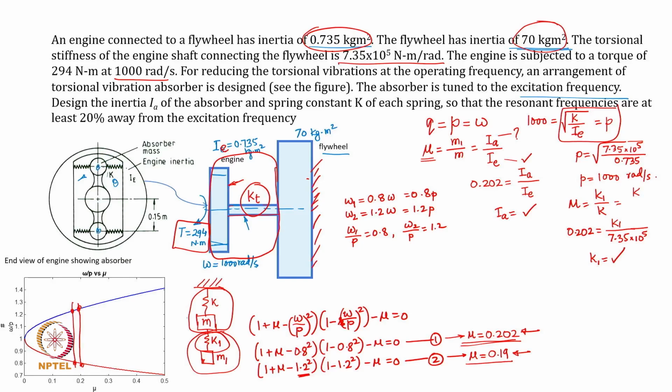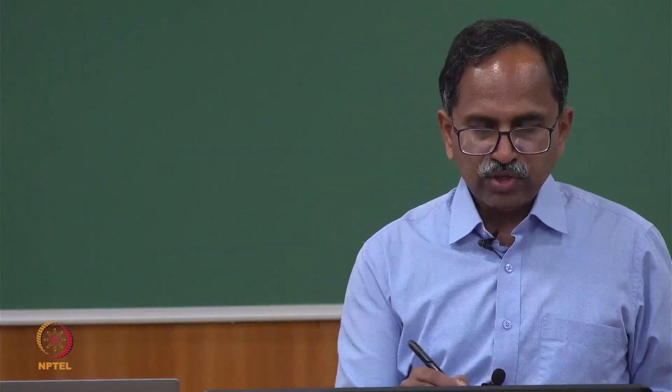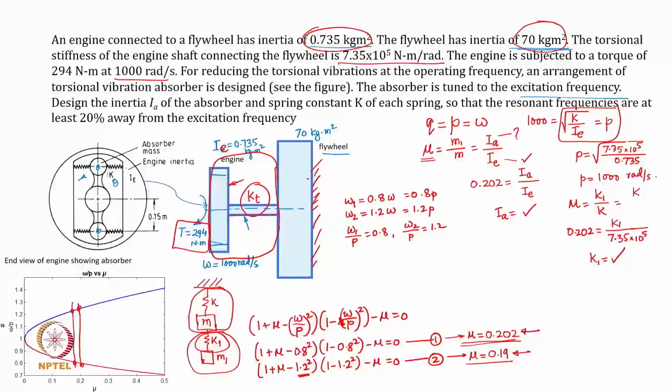Now look at this absorber system as a spring mass system. If you assume the engine to be fixed and the absorber to be swinging against the fixed engine, it's like saying that this mass is fixed, this is the engine mass, and I try to figure out the value of Q for the attached absorber system.